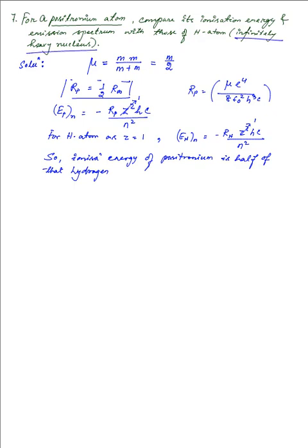Now, in order to calculate the spectral lines, the comparison of the emitted spectral lines in case of positronium to that of hydrogen, we just need to calculate the wavelengths concerned.